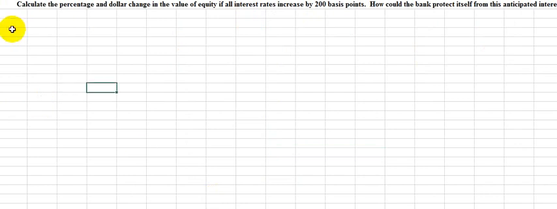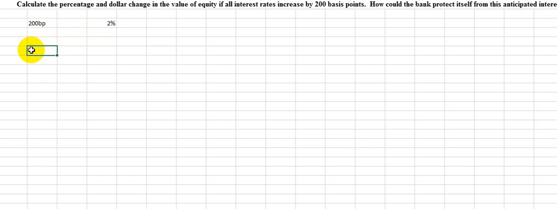First, let's clarify that 200 basis points is equivalent to 2%. Now we were told that the interest rate increased by 2%. What will be the percentage and dollar change in the value of equity?